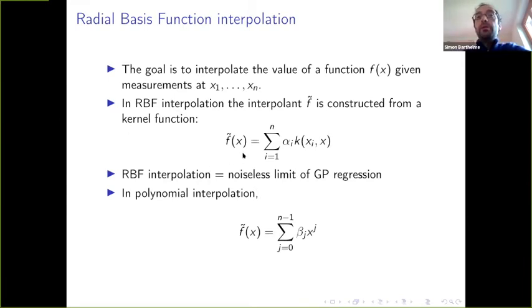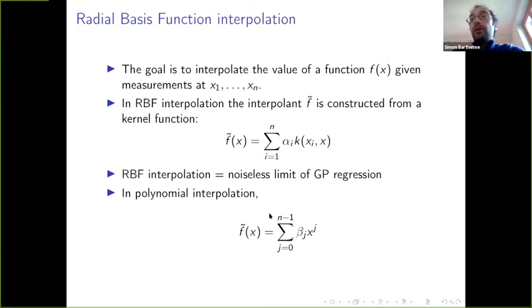So you assume that the function can be written in a span of a certain number of basis functions associated with the n observations. In RBF interpolation, the basis functions are just the kernel functions evaluated at each measured location. You just take a weighted sum of these kernel functions, and this is your RBF interpolation.